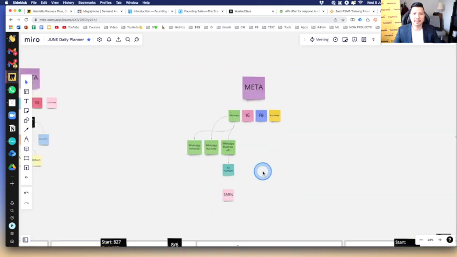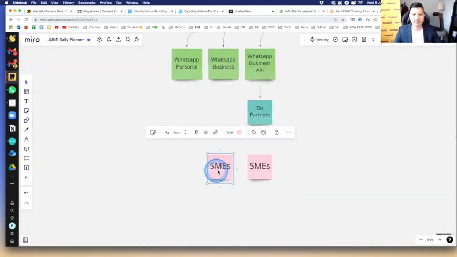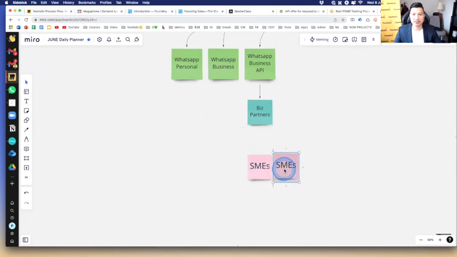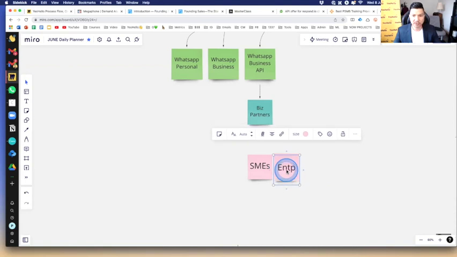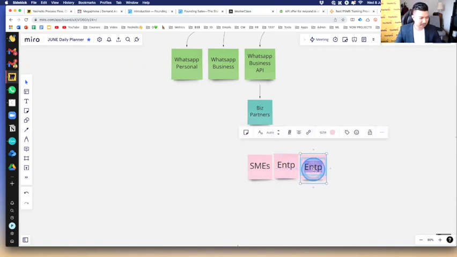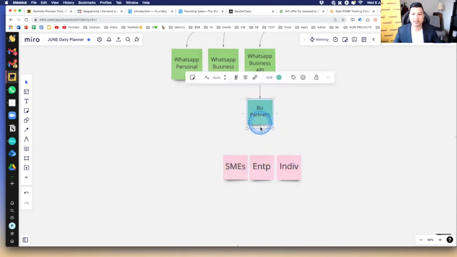Who else do they sell to? They sell to corporations, enterprise, and they also sell to individuals, right? Individuals. Boom. So these are business partners selling to them.